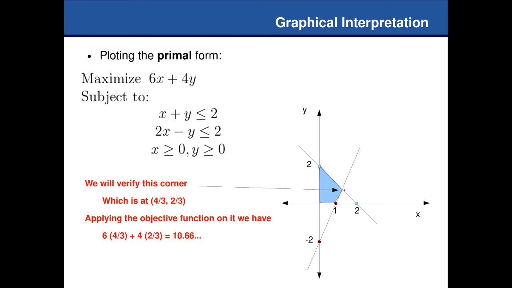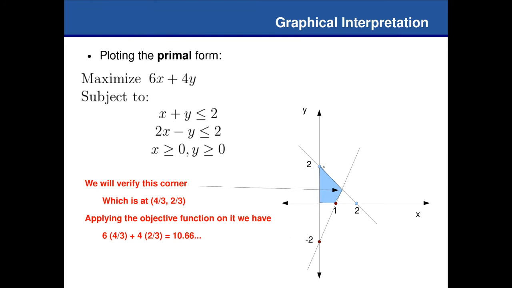If I project this feasible region onto my linear surface, one of those vertices will be related to a maximum or minimum for my problem. In my case, I want to maximize. If you try to solve this constraint equal to this constraint, you're going to get this point, which is 4/3, 2/3.